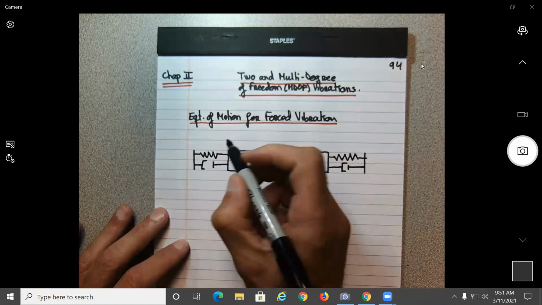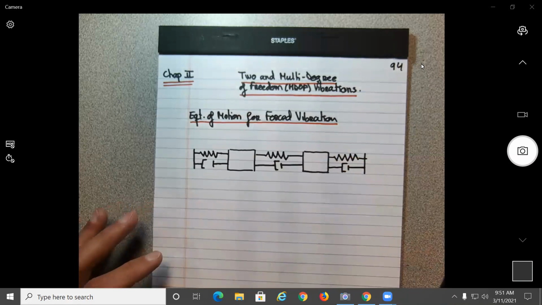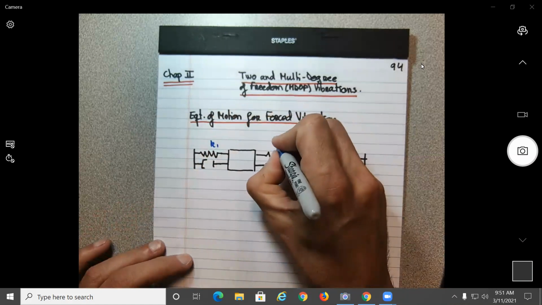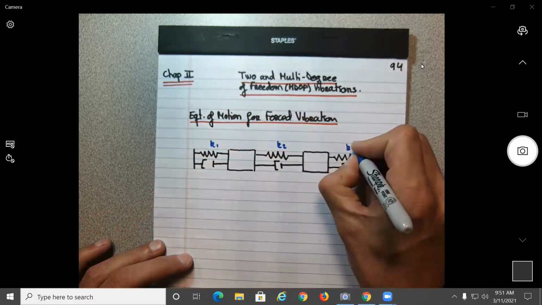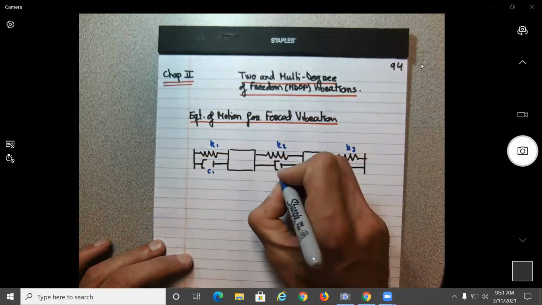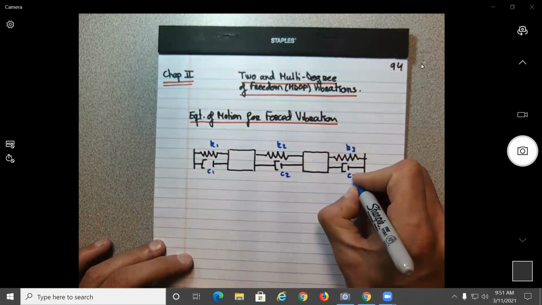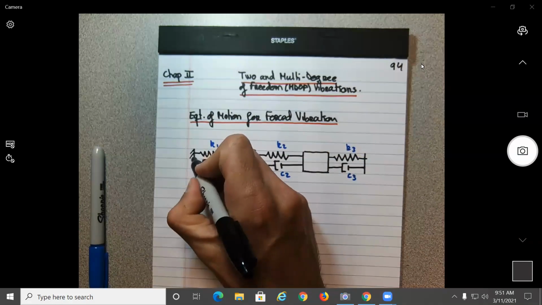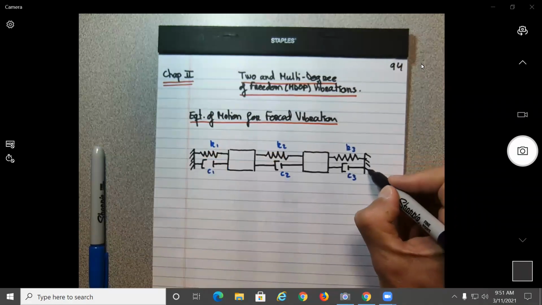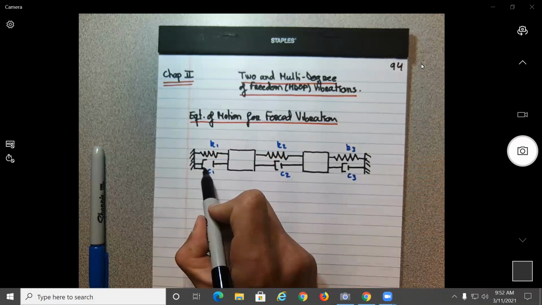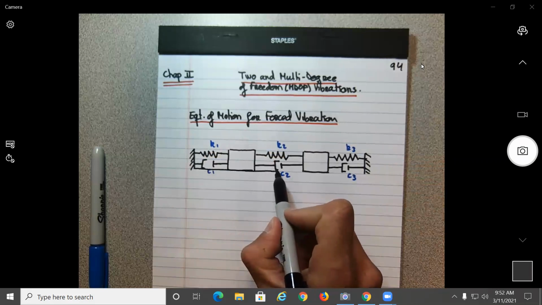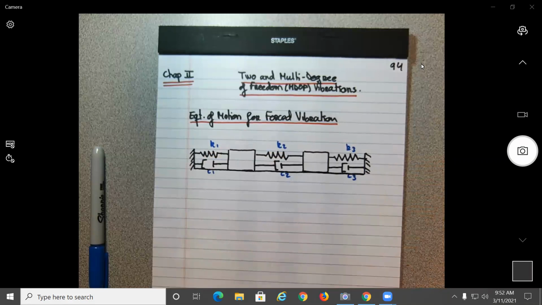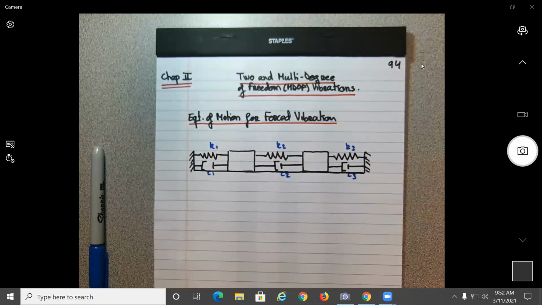All right, so maybe I should have done that one longer. It doesn't matter. This will be K1, K2, K3, C1, C2, C3. Okay, let's assume no friction.